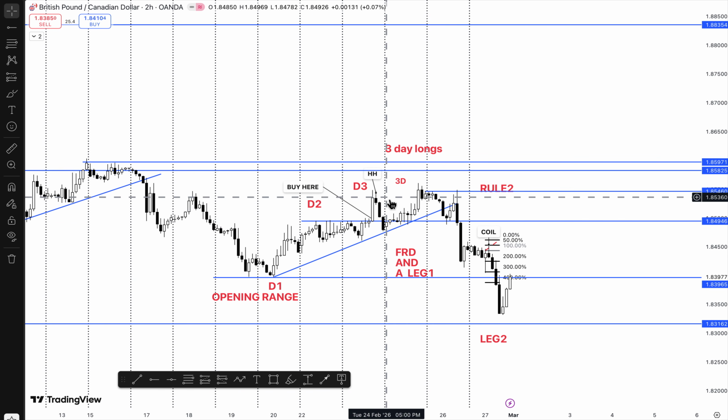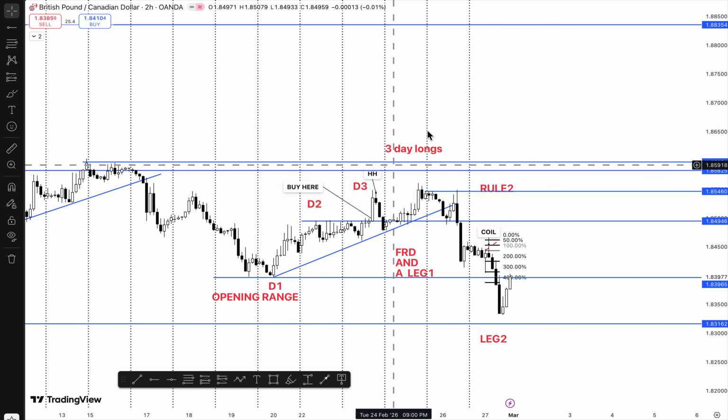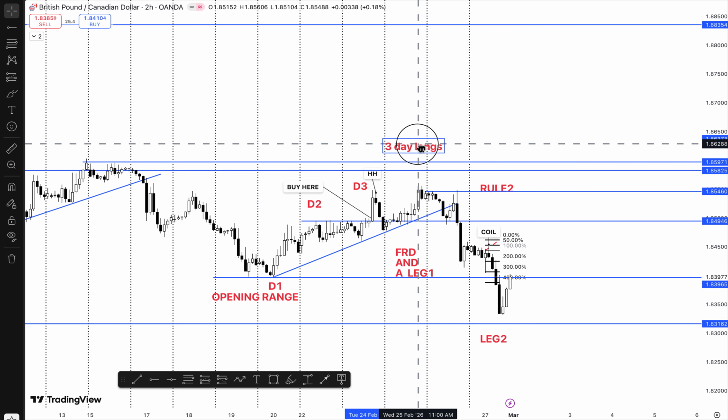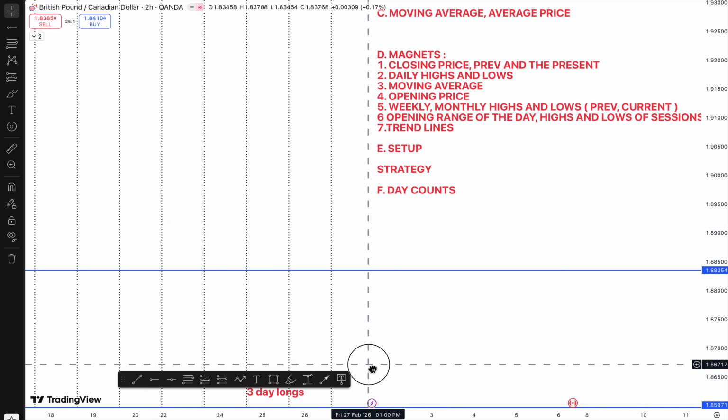Now as we move further for another breakout, we have 3 days of longs. These are under the setups.